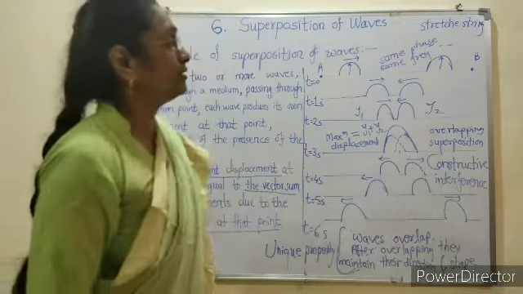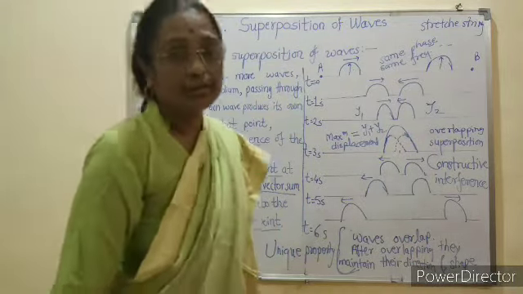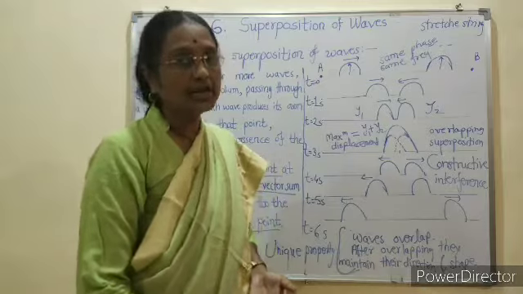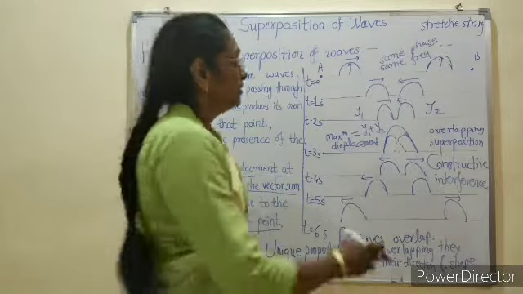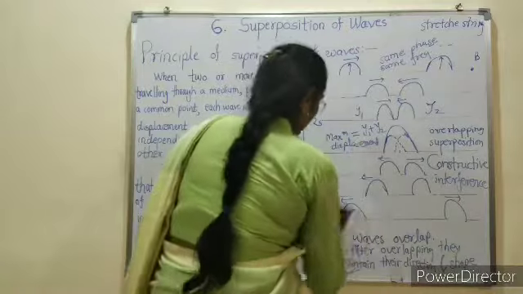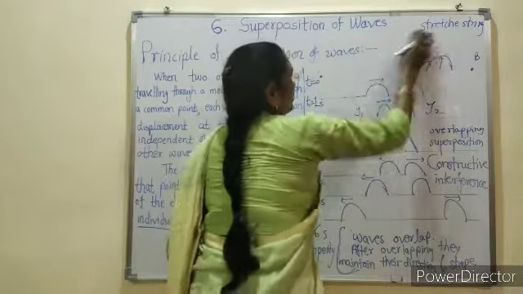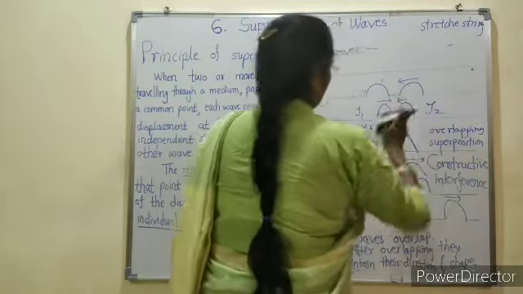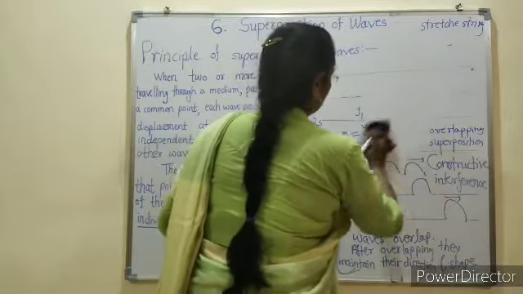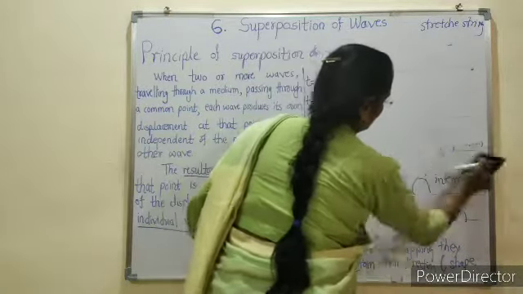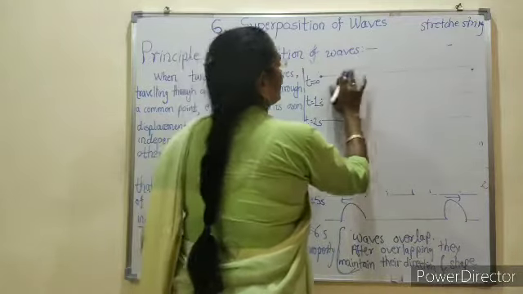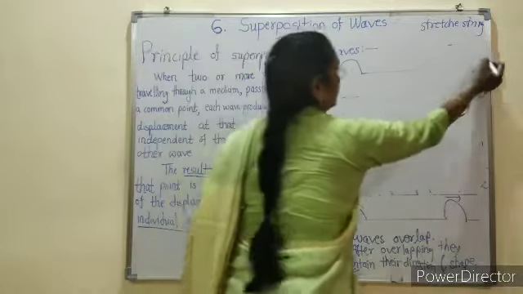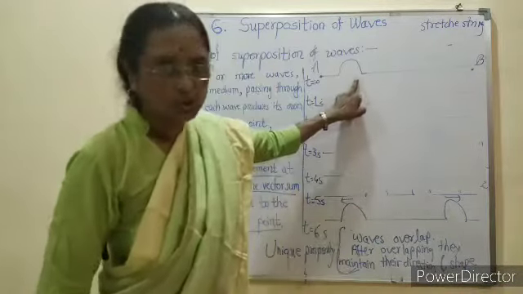Now we take the same setup again to understand another type of effect on the same diagram. That diagram I can draw here like this. Suppose at the end A, a crest is produced.